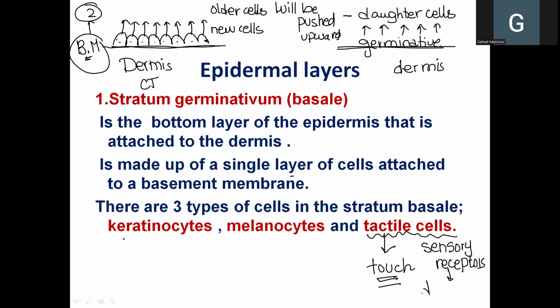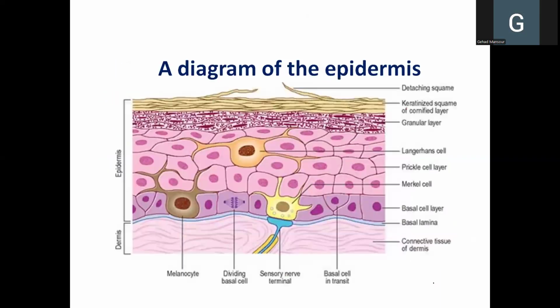So receptors always detect sensations. The proper verb to use when explaining the function of a sensory receptor is that it detects a sensation. Let's go back to the diagram and see where these cells exist.